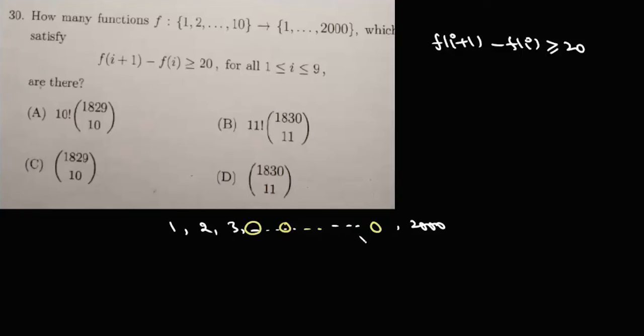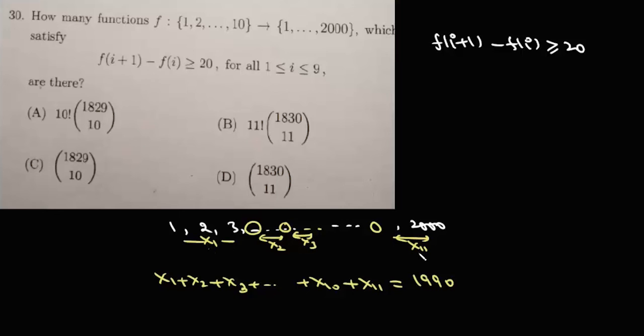Now if we have selected these 10 points, then basically we have partitioned this set into 11 parts. So suppose here the number of elements is x1, in between these two it is x2, then we have x3, and here will be x11, and x1 plus x2 plus x3 plus up to x10 plus x11 should be equal to, now from these 2000 points we have already taken 10 points, so the remaining points are 1990.